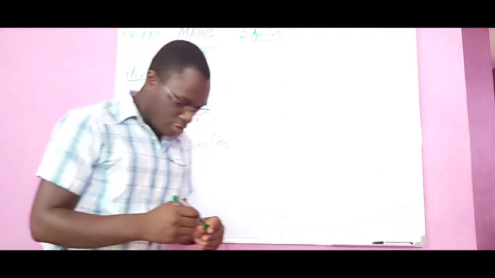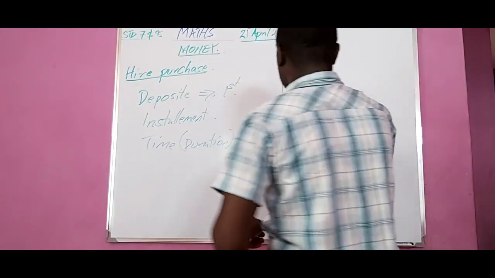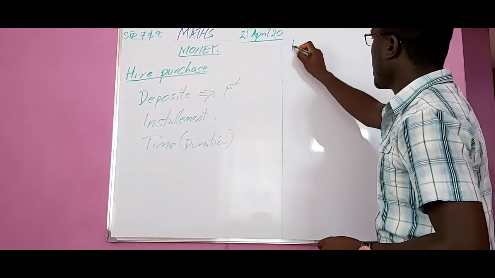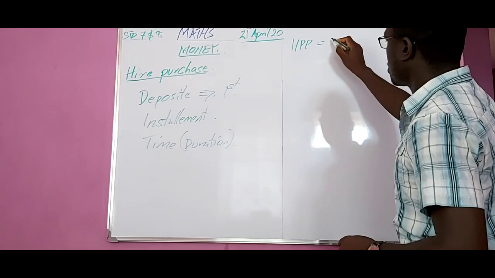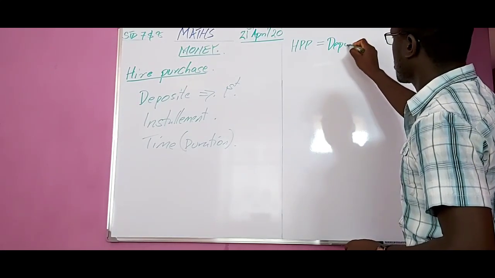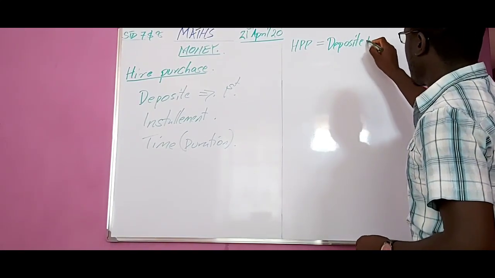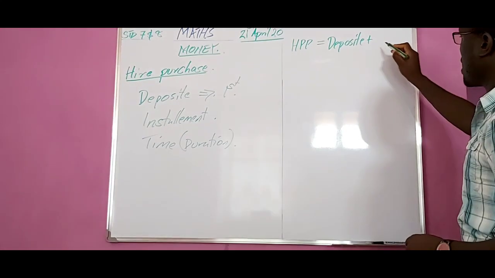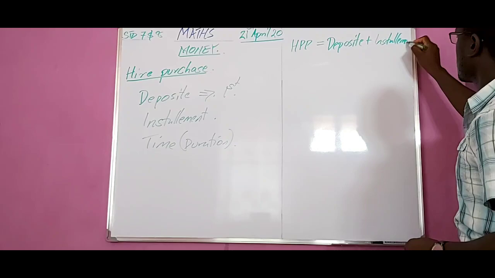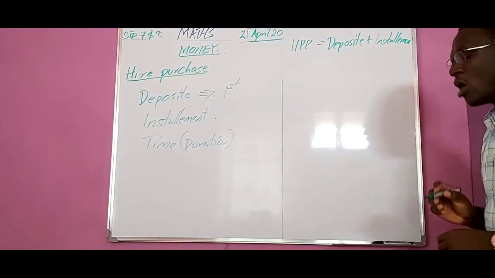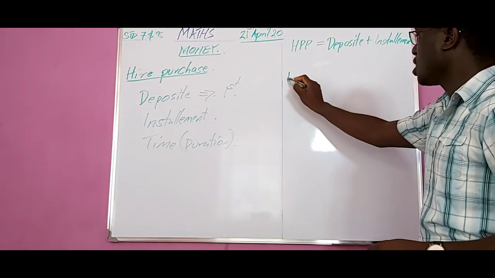Now, what is the formula of finding hire purchase price? The formula is: hire purchase price is equal to deposit plus monthly installment. Now, how do you get this installment?